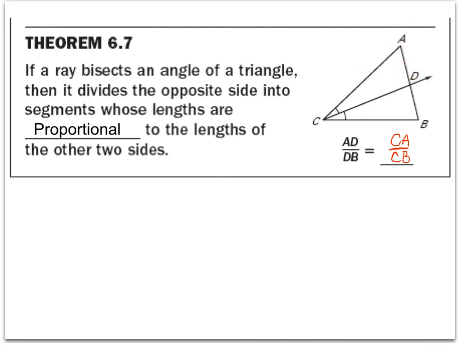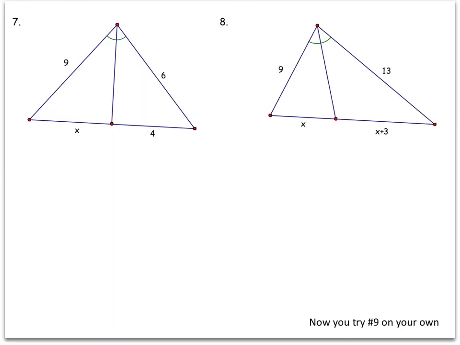So AD over DB, the ratio of the side that it's splitting in half, is equal to the ratio of the adjacent side to AD, so AC or CA, divided by the adjacent side to DB, which is CB. I'll put it to use in the next example on the next page.